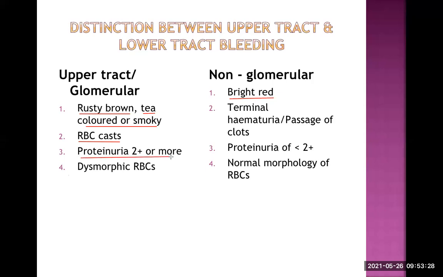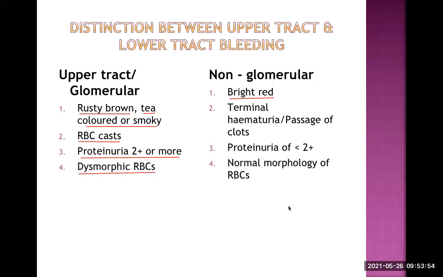Proteinuria is higher in glomerular hemorrhage because the glomeruli are damaged there, so a lot of protein can leak into the urine. And there are usually dysmorphic RBCs in glomerular hemorrhage because when the RBCs are filtered from the glomeruli, they may be a bit squeezed. Their surface may be damaged. These are known as dysmorphic RBCs.